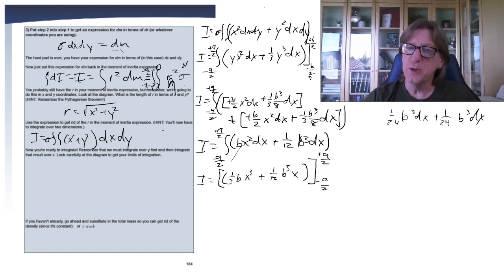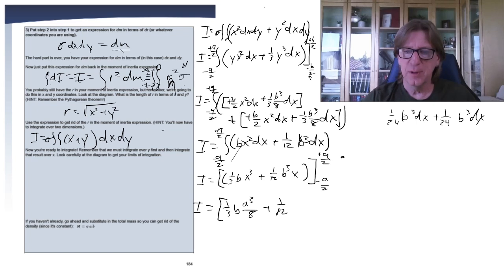All right, so we're putting in for x cubed now. And so let's do this first term, and we'll keep that in brackets like we've done before. So this is going to equal 1/3 b, and then that's going to be an a cubed over 2 cubed, which is 8, plus 1/12 b cubed times a over 2.